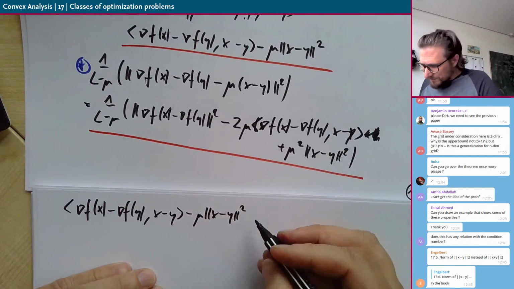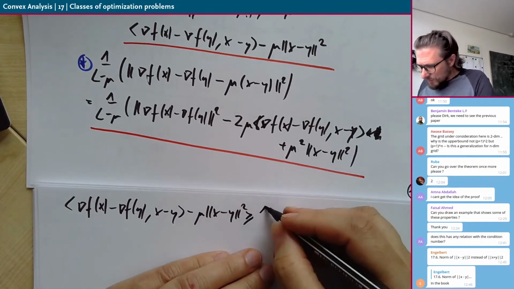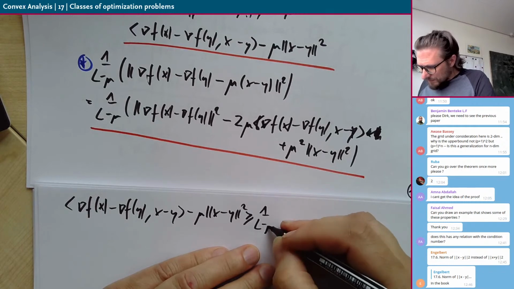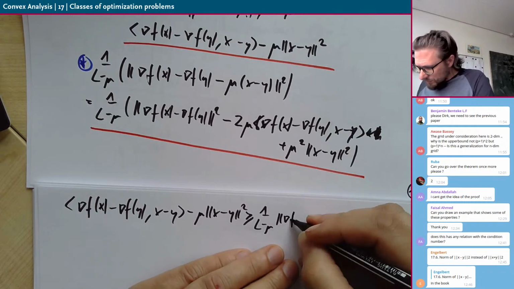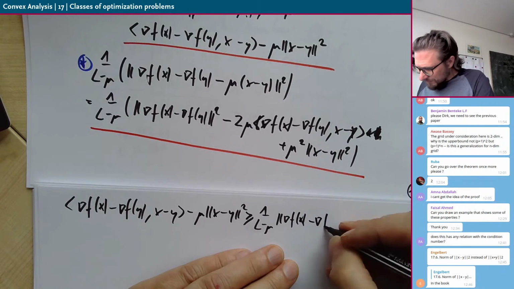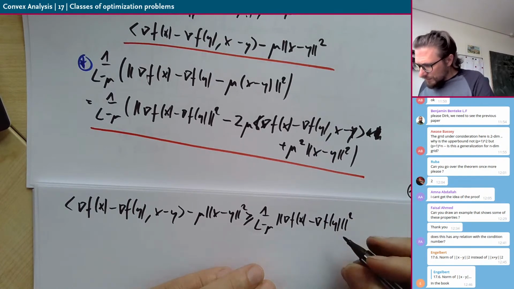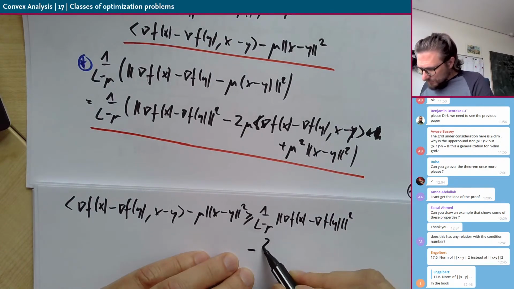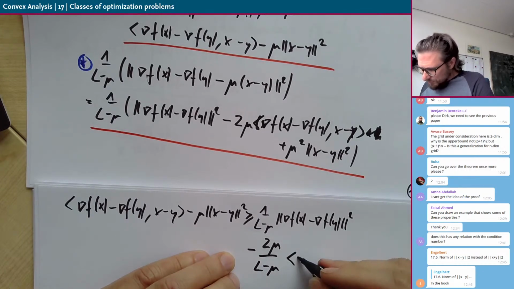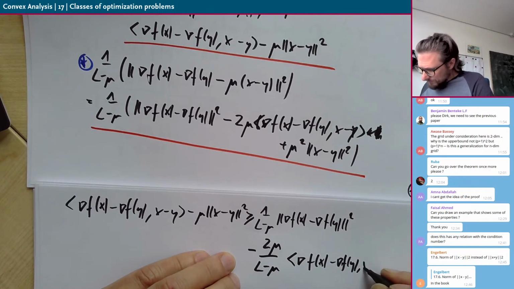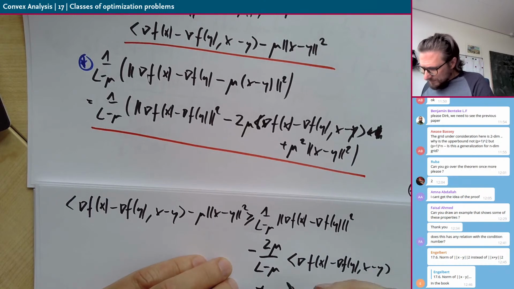And this we know now is larger or equal to 1 over L minus mu norm of gradient f of x minus gradient f of y squared, minus 2 mu over L minus mu inner product, and plus mu squared over L minus mu times norm of x minus y squared.